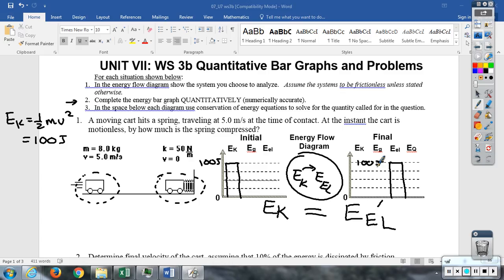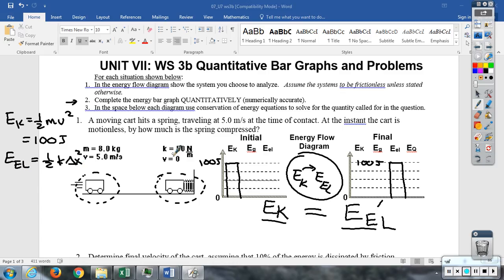So now we're going to find the compression of the spring, which is delta X. So we can bring out our EEL equation, which is 1/2 K delta X squared. Since EK equals EEL, and we established that on our bar graph as well, the amount of EEL I have is 100 joules.